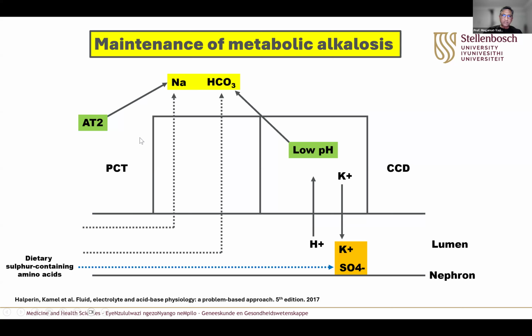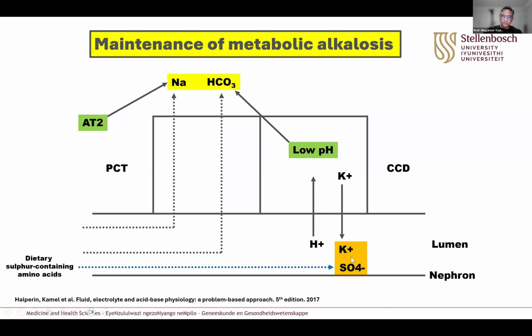So the ECF volume contraction due to vomiting stimulates angiotensin 2, which increases sodium absorption upstream in the nephron, the proximal tubule. But downstream in the cortical collecting duct, where potassium is regulated, very little sodium is being delivered to this part of the nephron, because it's all being absorbed upstream.